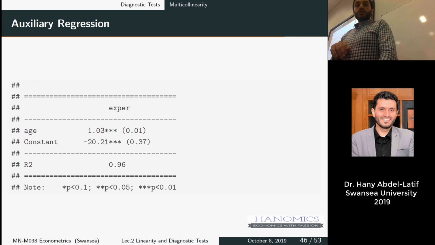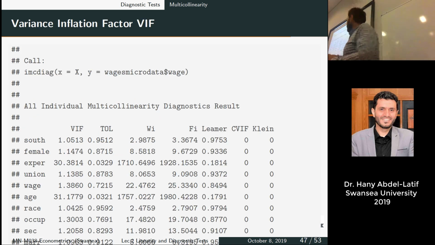There's another way you could do it, which I'll show you how to obtain, which is the variance inflation factor, how to calculate this in R. There's no really clear-cut answer for which value above which you will have a problem, but usually most people look at anything from 10 and above.